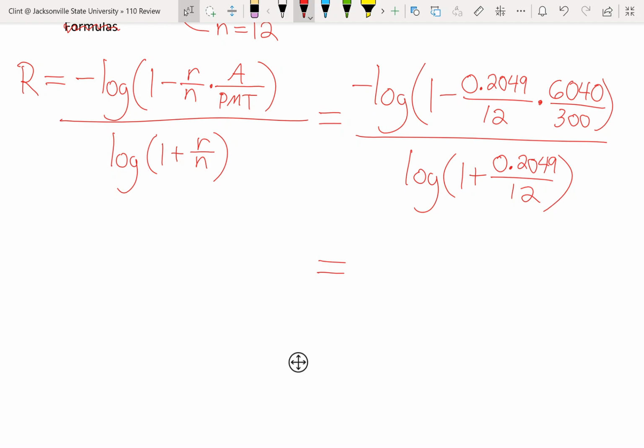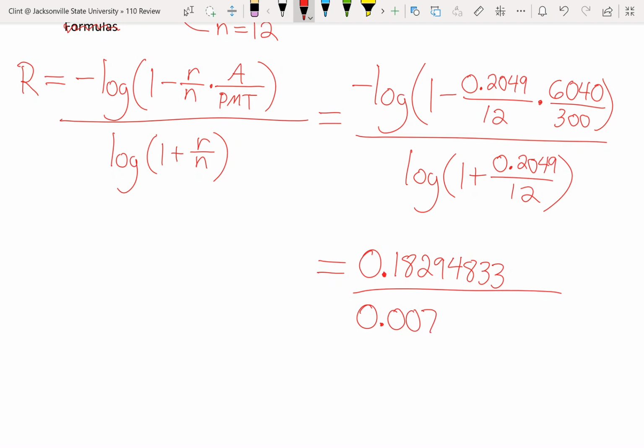So my top number, I'm going to keep a bunch of decimal places just to be safe. I get 0.18294833. Probably plenty. And on the bottom, I'm going to do log of 1 plus 0.2049 divided by 12. I get 0.00735298. Probably more than enough.